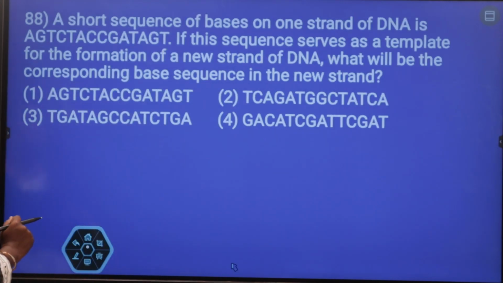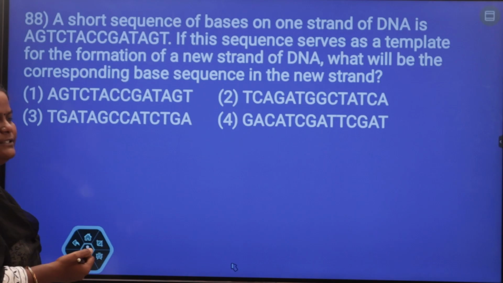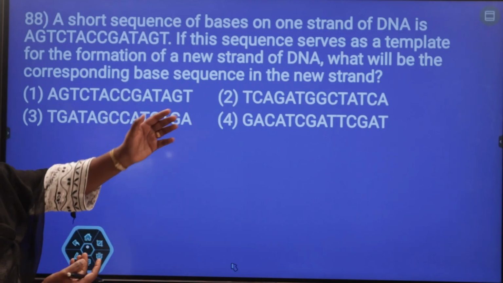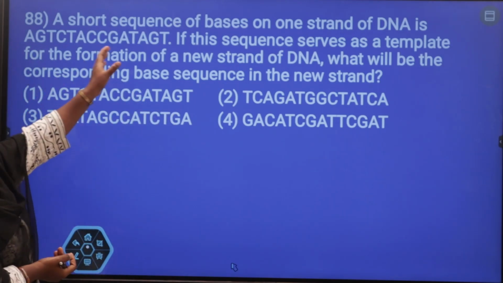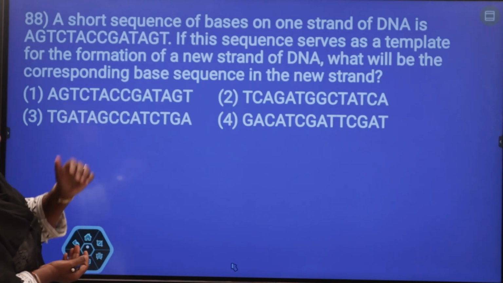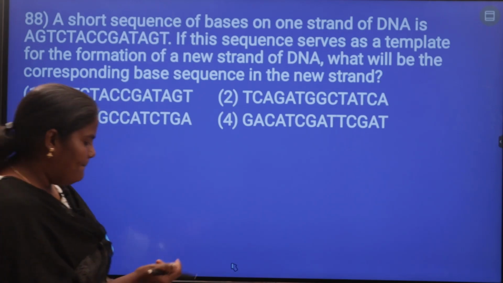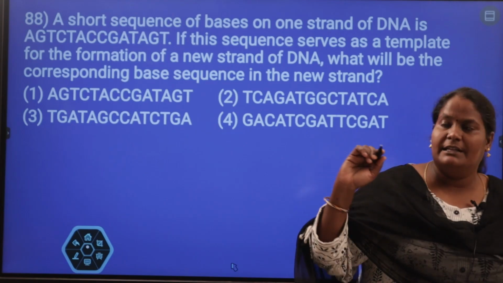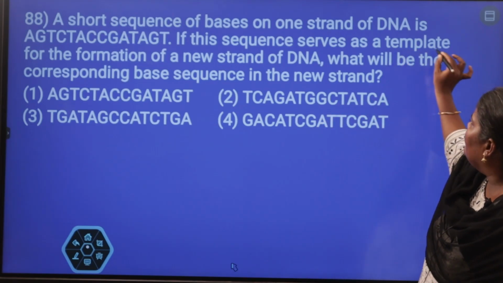Next, 88. The short sequence of bases of one strand; this is a molecular basis question from the 12th syllabus. One strand of the DNA, where the nitrogenous bases are mentioned. If this sequence serves as a template, you might have been observing this. This one acts as a template.